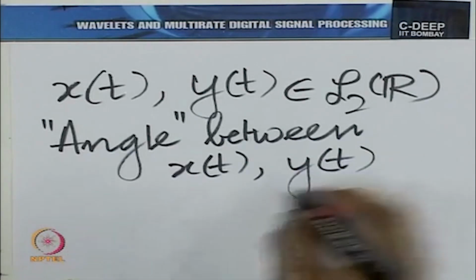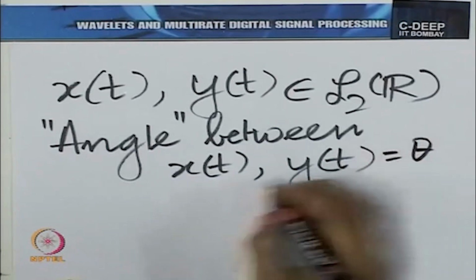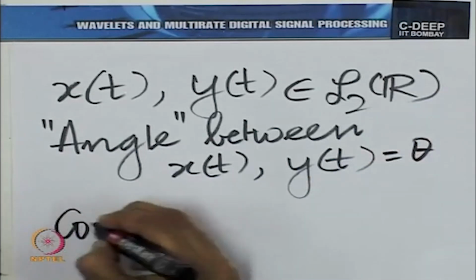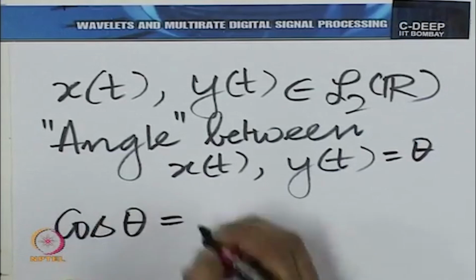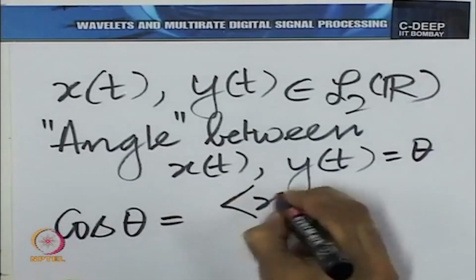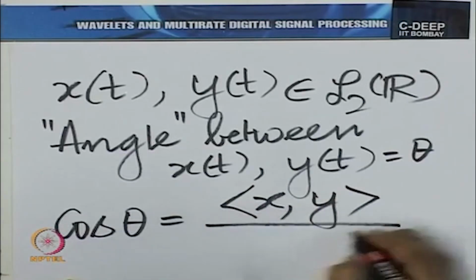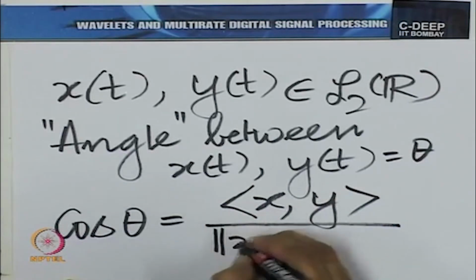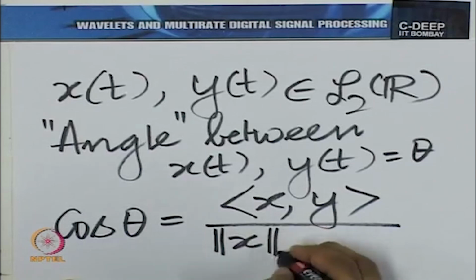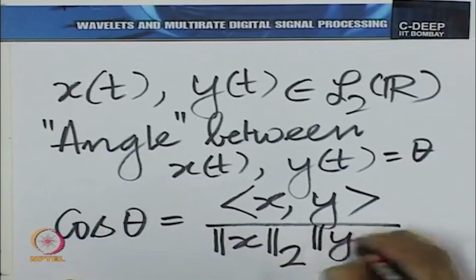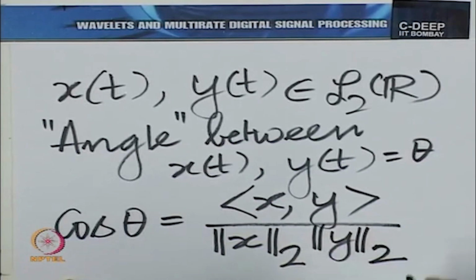Let it be theta. We say cos theta is essentially the inner product of x(t) with y(t) divided by the norm of x in L2 and the norm of y in L2 multiplied together.